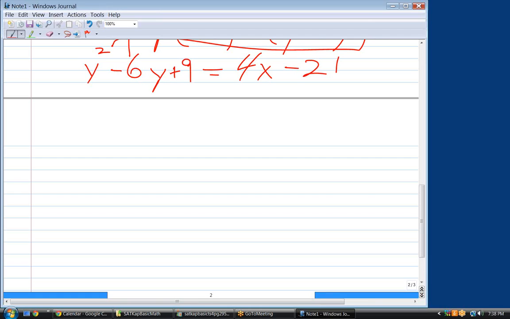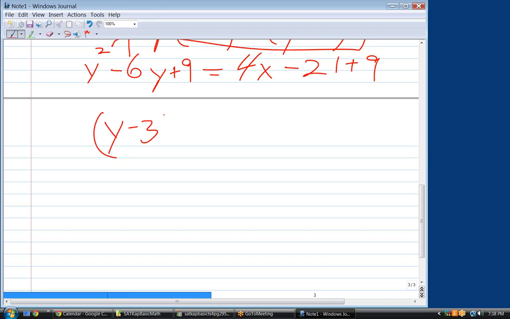Now, because I just added 9 to the left side, I got to add 9 to the right side also. Now, I can write the left side as y minus 3 quantity squared, and that's what my general format looks like. So that's the way I want to get it looking.